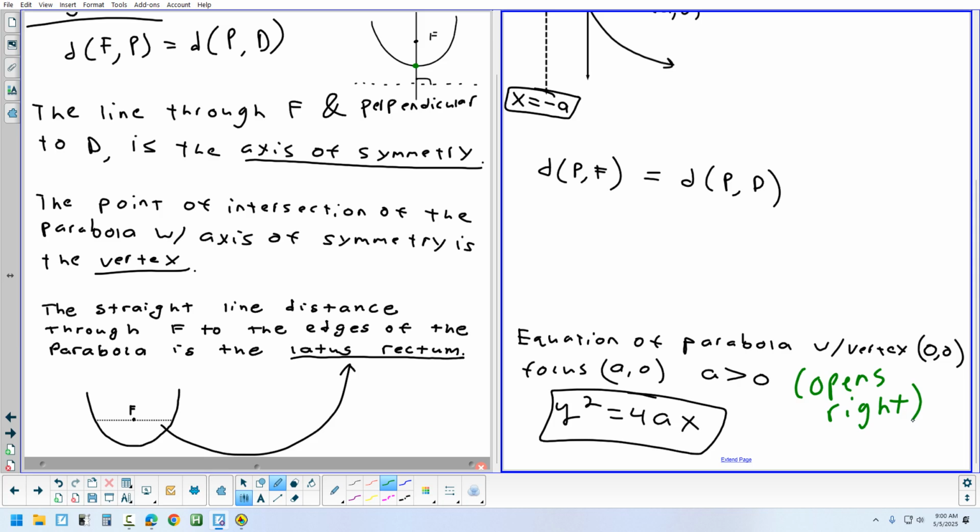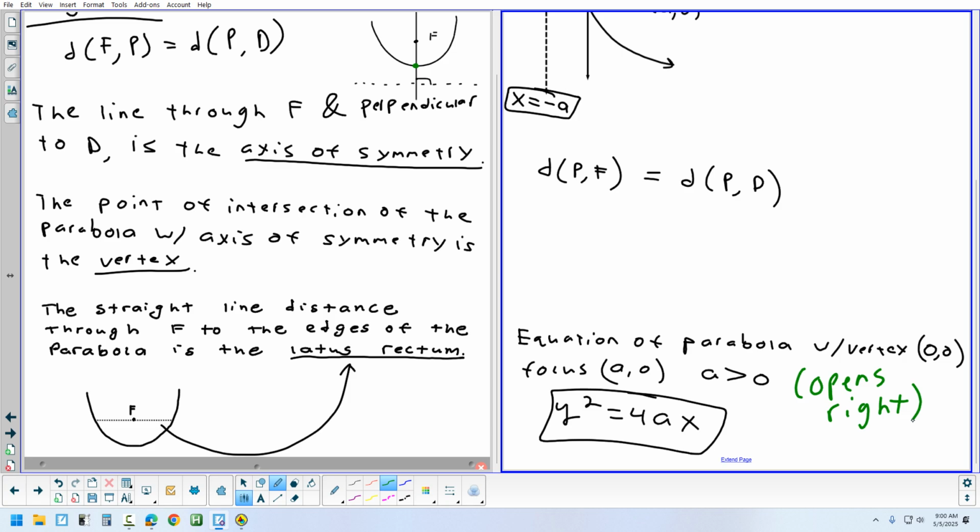Whether you want it to open down, left, or up, there are just a couple of small changes you need to make. The equation is y squared equals 4ax. Not normally how we write the equation of a parabola, but it is how we want to write it when we're working with it in this section.